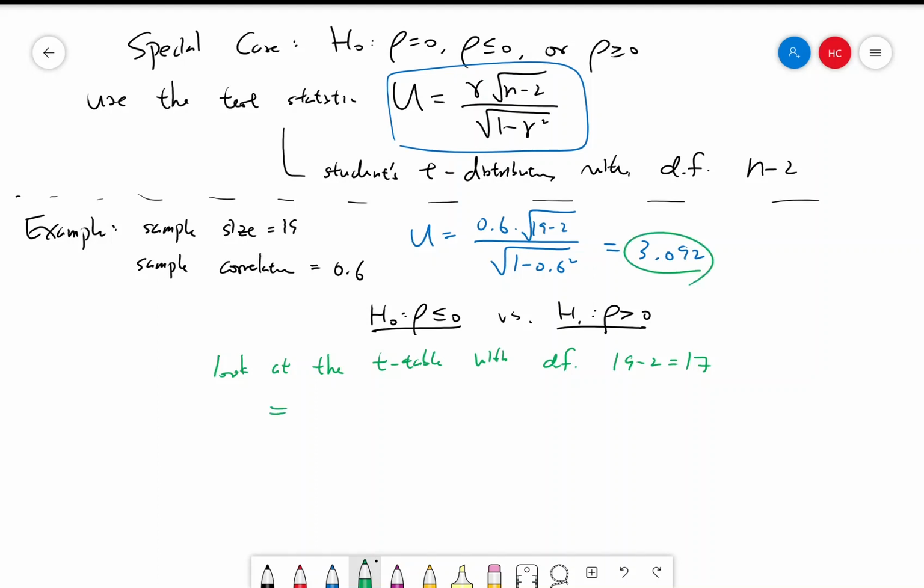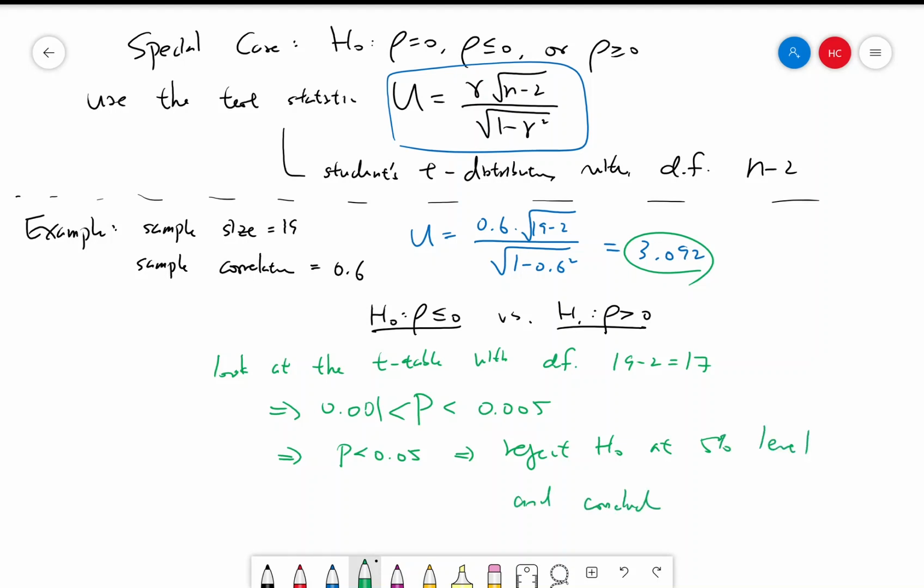We get that p is between 0.001 and 0.005. In particular, p is less than 0.05, so we can reject H naught at the 5% level and conclude that rho is greater than 0. Alright, so that's it for section 7.1.